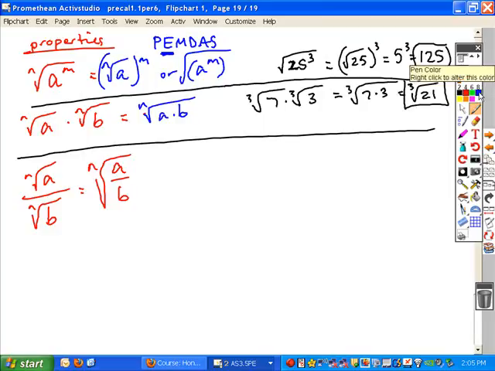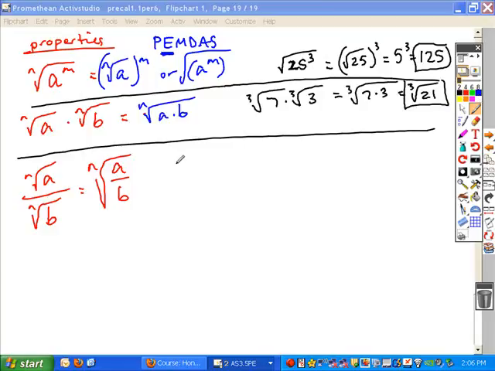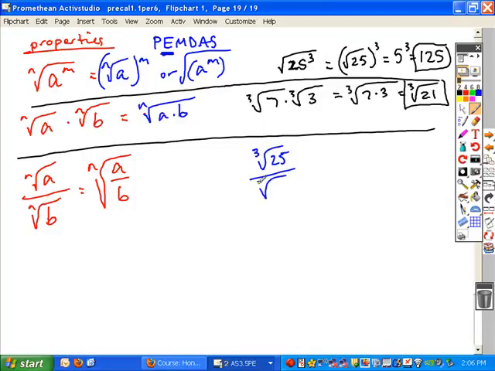And so, once again, if you have something set up where you're looking at the cube root of 25 over the cube root of 5, and you're looking to simplify this, if your indices are the same, you can rewrite that as one single radical.